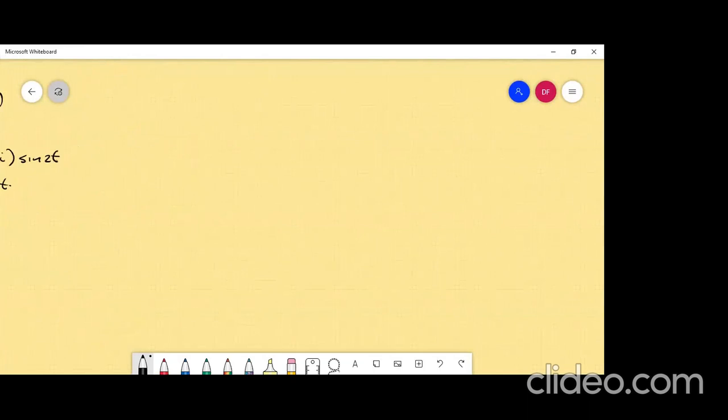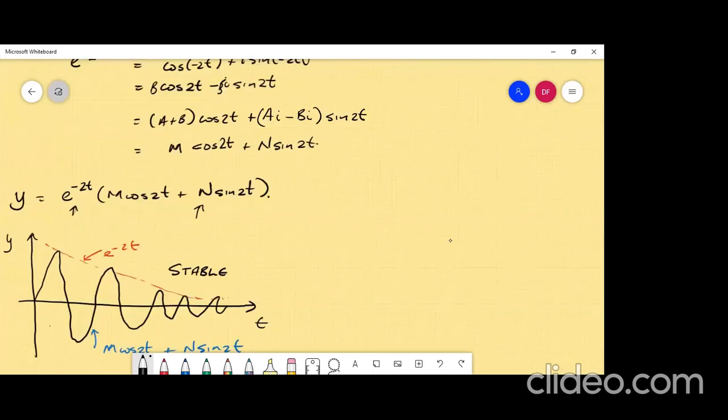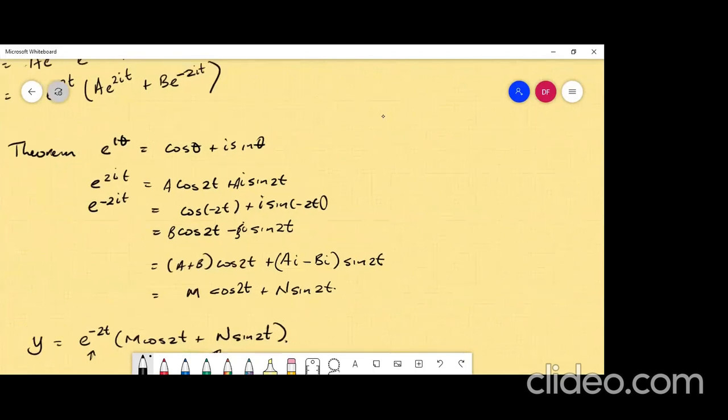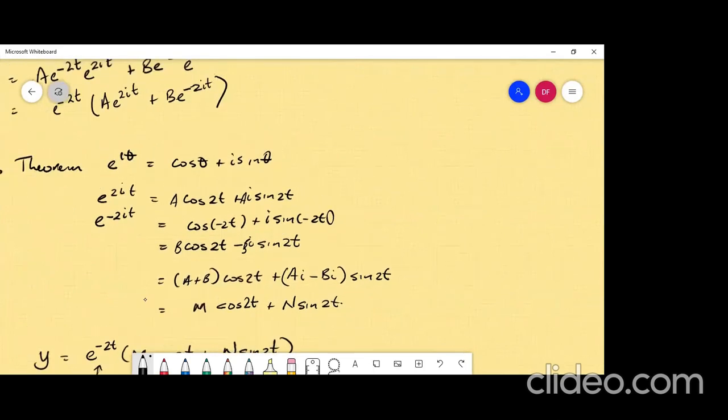Sir, before you continue, can you run through that formula one more time, from the top? Right here, the theorem. All right. So what we have is a e to the 2it plus b e to the minus 2it. We're using Euler's theorem, and we're going to replace theta by 2t in the first case.